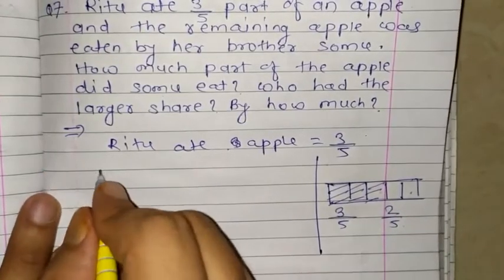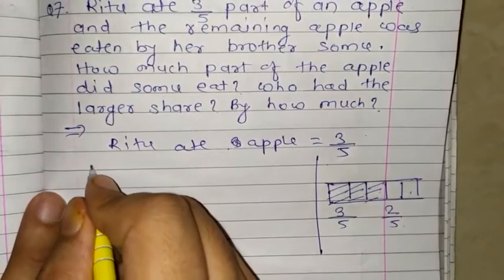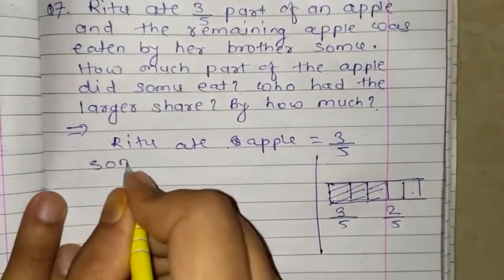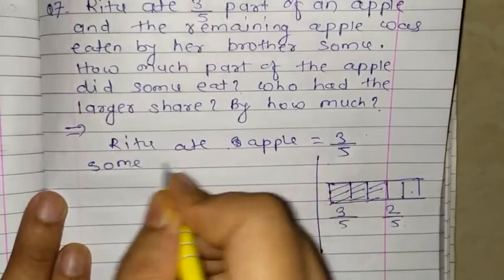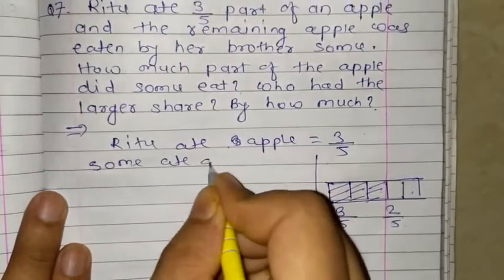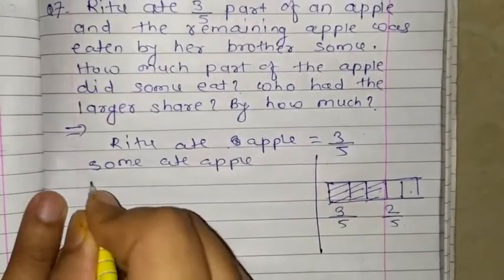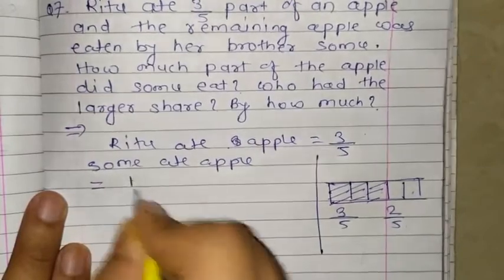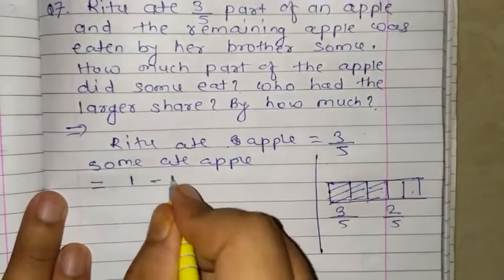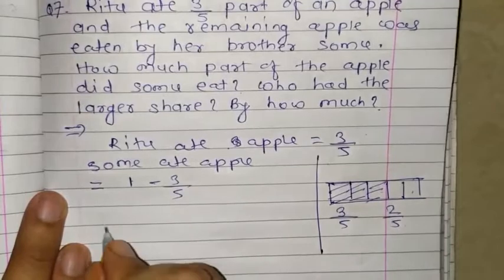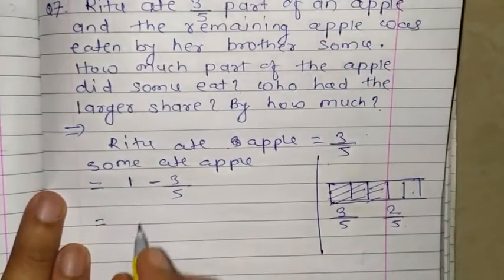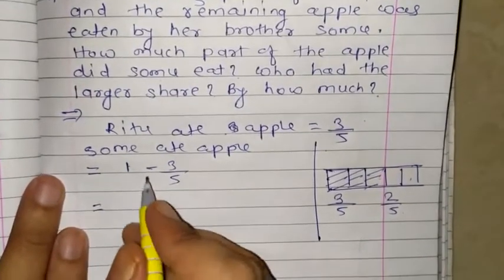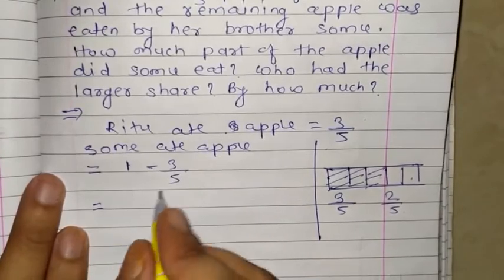And how will you write it? While writing you can write: Somu ate apple equals, the complete apple means 1 minus 3 upon 5. Here you can make the denominators the same.